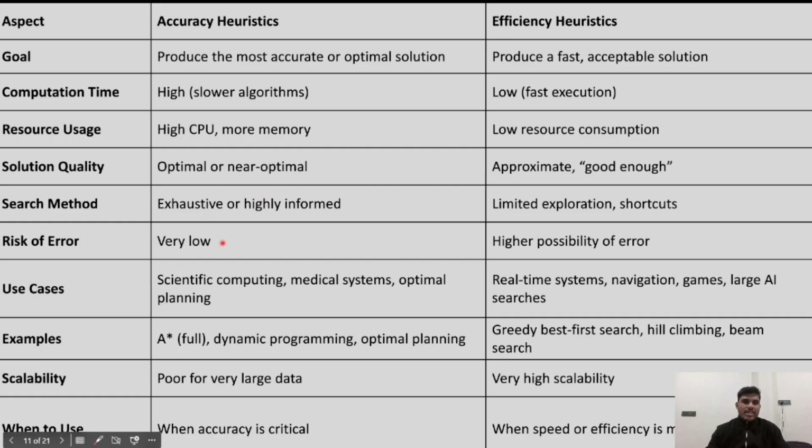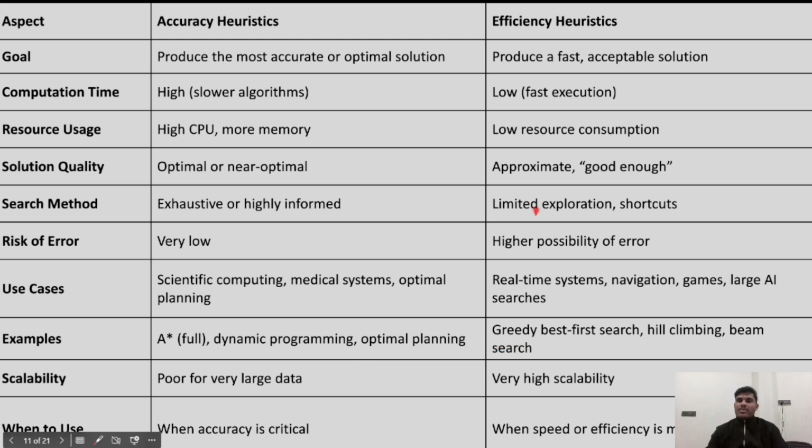Risk of error is very low in accuracy heuristics and a higher possibility of error in efficiency heuristics. Use cases for accuracy: scientific computing, medical systems, optimal planning, etc. Use cases for efficiency heuristics: real-time systems, navigation, games, large AI searches, etc. Examples of accuracy heuristics: full dynamic programming, optimal planning.